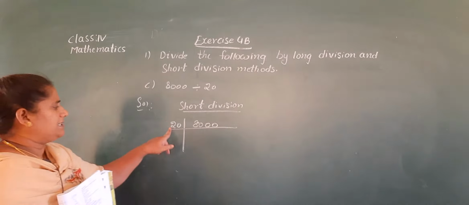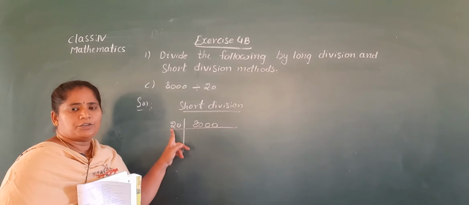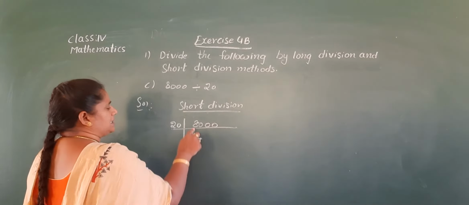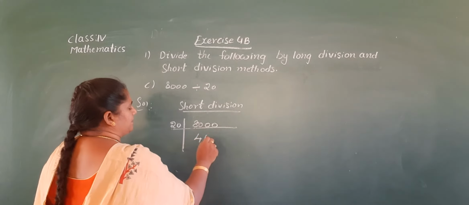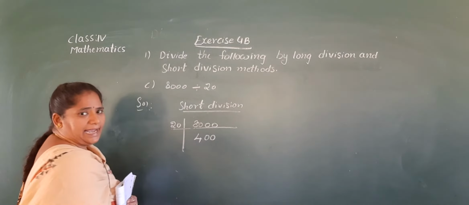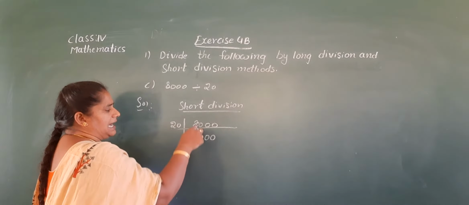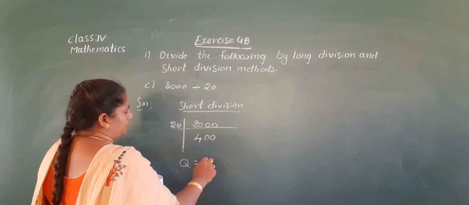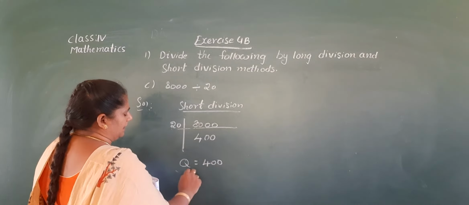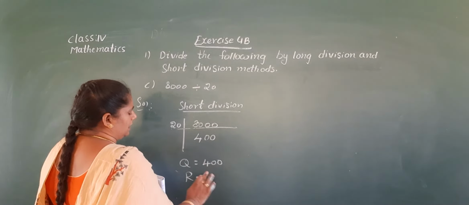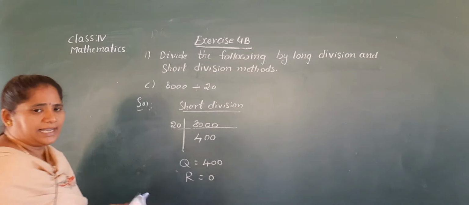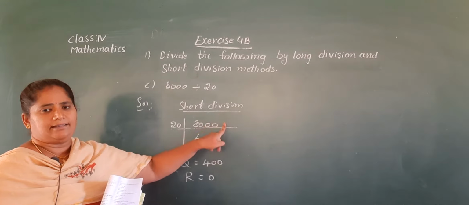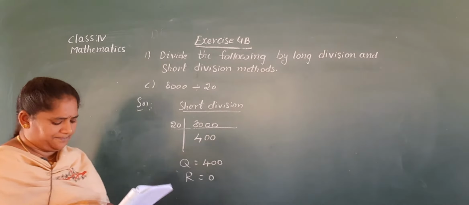So how many times does it come here? 2, here 8. 2 4s are 8. That means 4 we will write. 20 4s are 80 and we'll keep these 2 zeros. Finish. So the quotient is 400 and the remainder is 0. Okay, there is no remainder. If the remainder is there, we'll write it on the right side. Okay, ma?